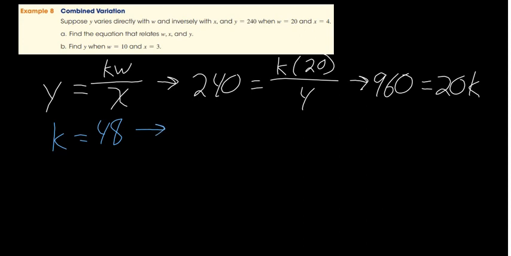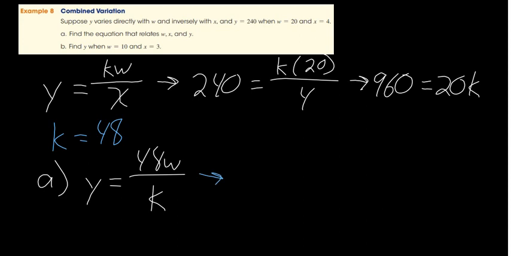What was I doing? Oh yeah, and so my equation, if we wrote A here, would be y is equal to 48w over x. All right, and then we'll do the substitution again. So we have y is equal to 48, and then what was w?